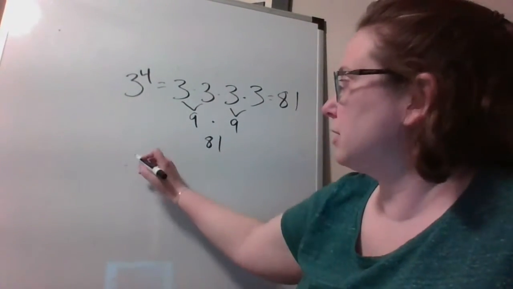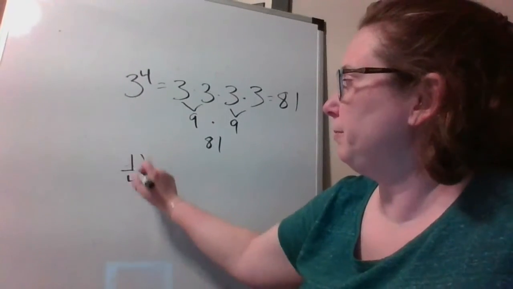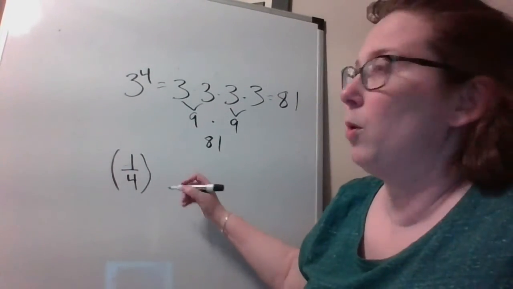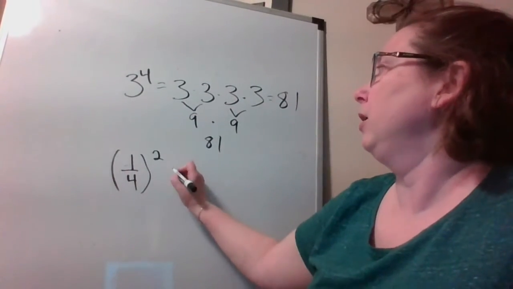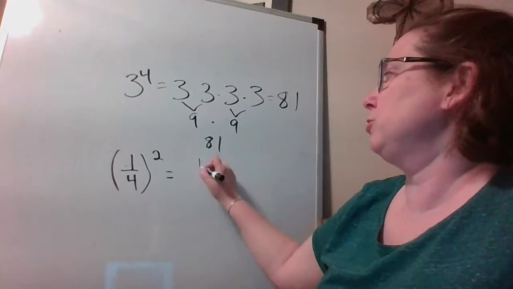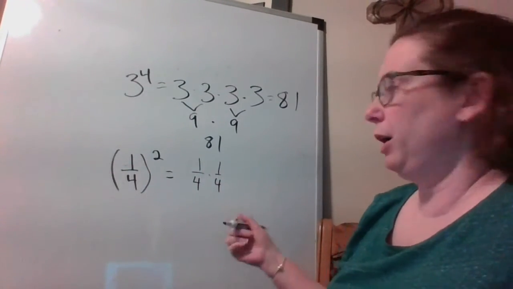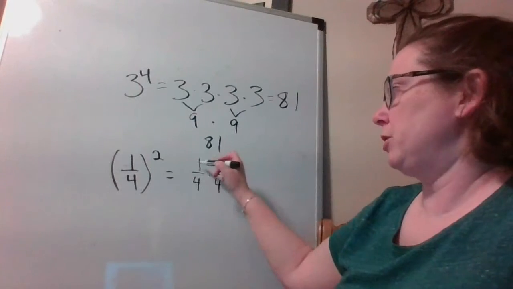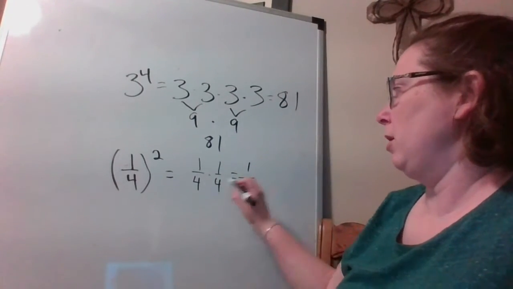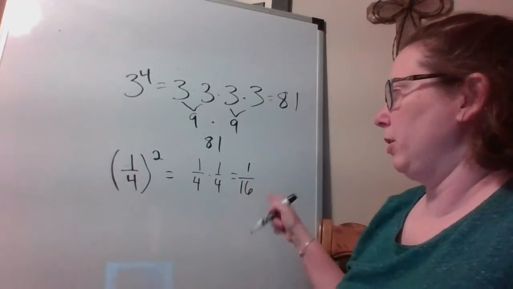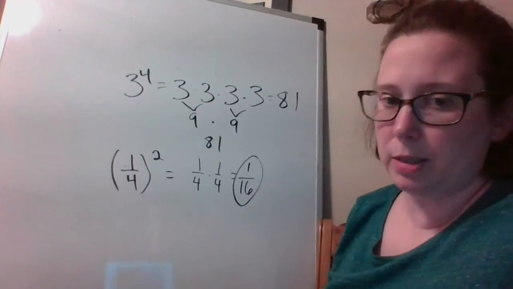The next example has a fraction. So we're saying 1/4 squared. What that means is our base is 1/4, and we have 2 of them. Don't forget how we multiply fractions. You're going to multiply across the top, multiply across the bottom, and you get your answer 1/16.